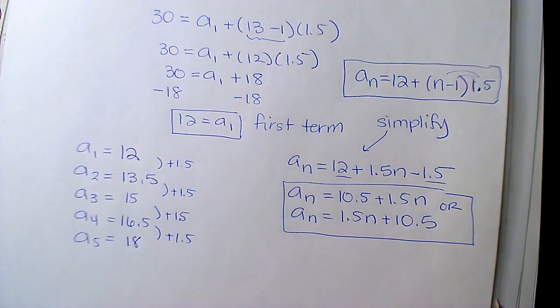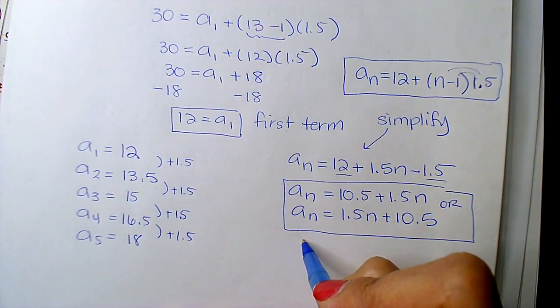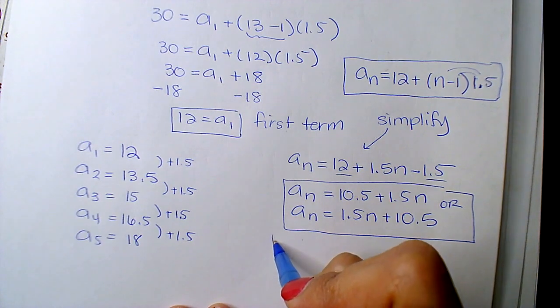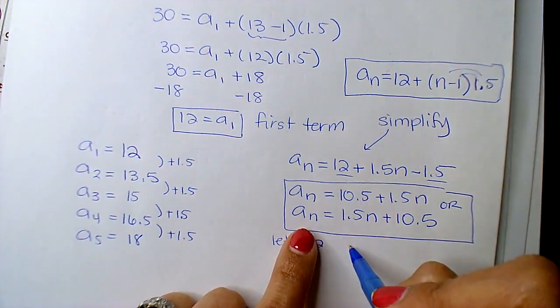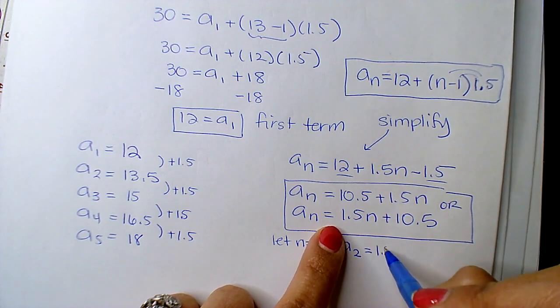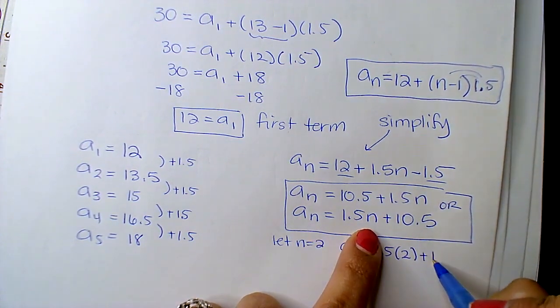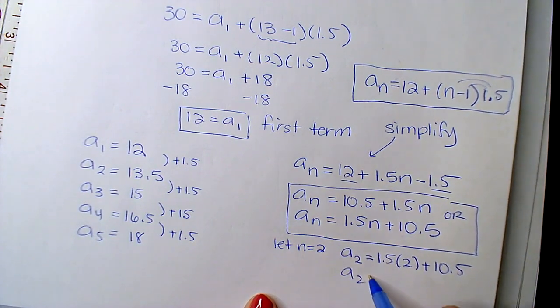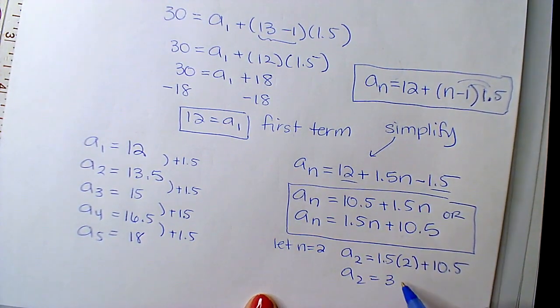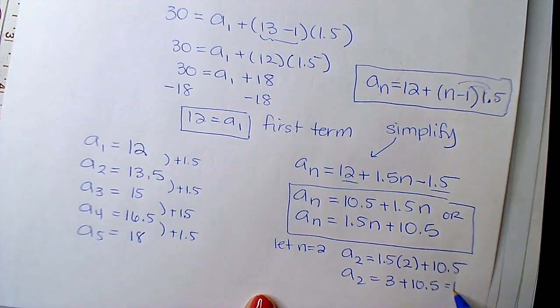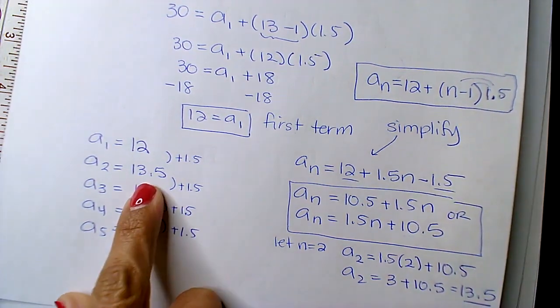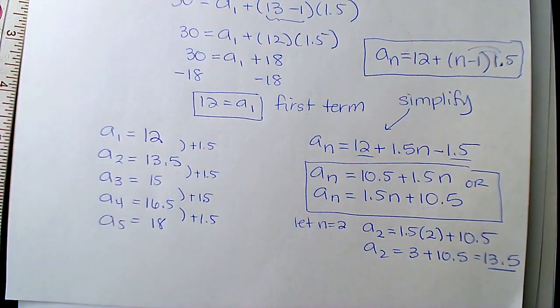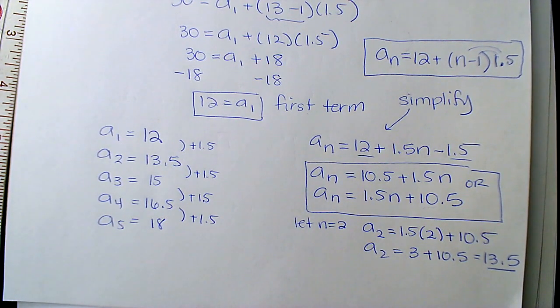Okay, so for the second term, let n equal 2: a_2 equals 1.5 times n, n is 2, plus 10.5. So I substitute into this one, and I get 1.5 times 2 is 3, plus 10.5 gives me 13.5. So there's my 13.5.